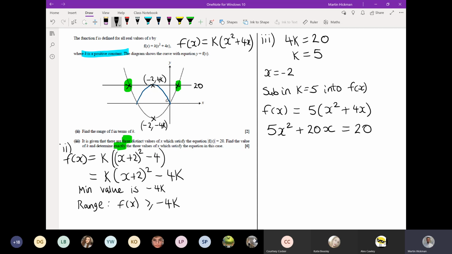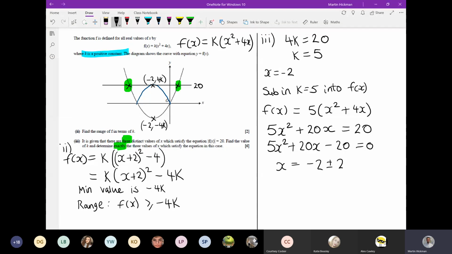Both of these were positive values of y before anyway, so I don't need to multiply through by -1. So then what I do is I just rearrange this quadratic and I solve it. I can just simply use my calculator here.